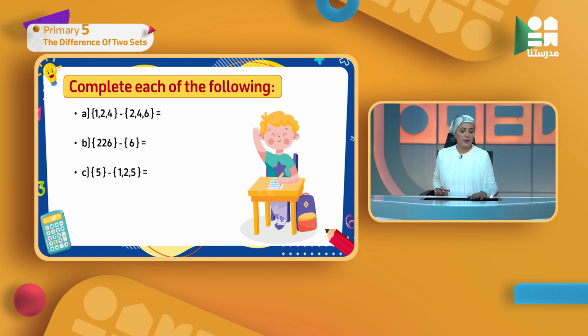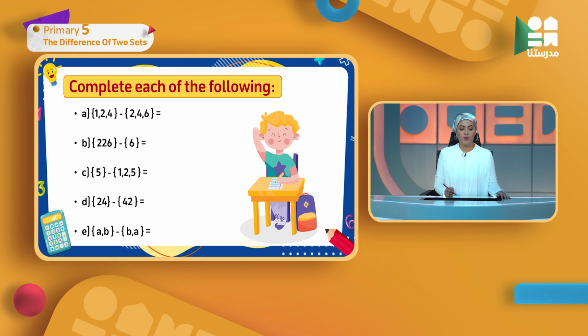Then the set of element 5, difference the set of elements 1, 2, 5. Then the set 2, 4, difference the set 4, 2. And the last one, the set A and B, difference the set B and A. Now let's get the answer for each one of them.